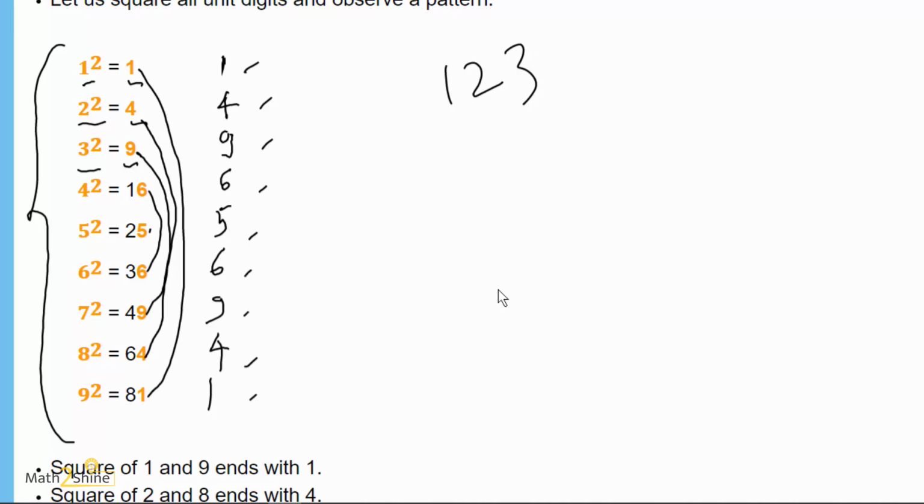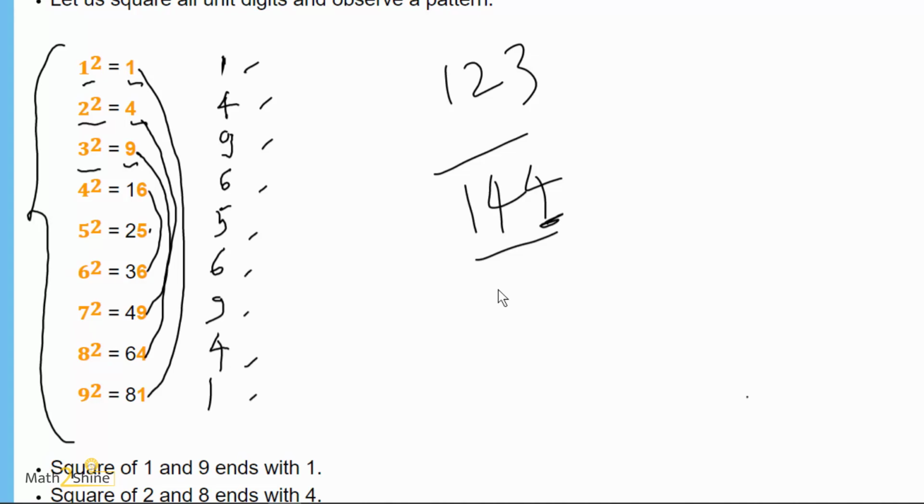If I say what is the square root of 144, for example, I can say it may be a perfect square. It means the square root may be a whole number. Which number, we do not know. Why are we saying it? Because the last digit is 4.